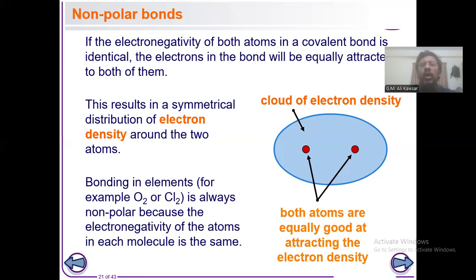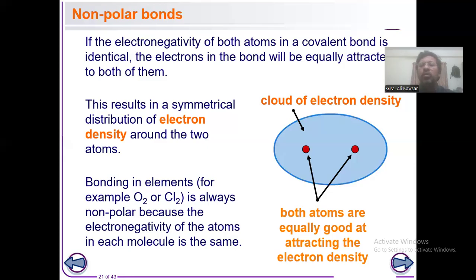As a result, the electron density around the shared pair between the two atoms will be uniform. It will be equal. So the shape of the two atoms will look like the picture shown in the slide. Whenever two identical atoms form a covalent bond, there is no difference in electronegativity between them.